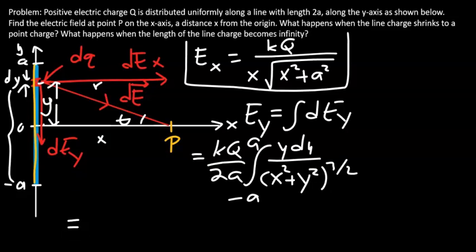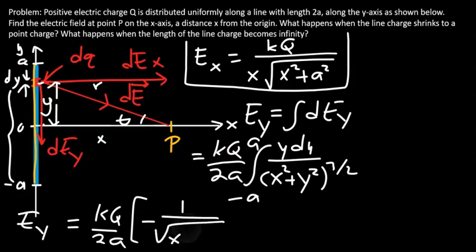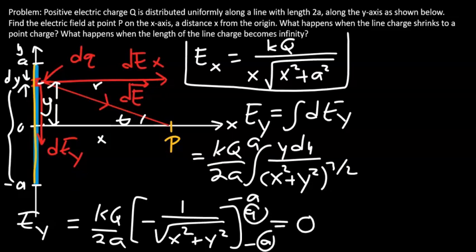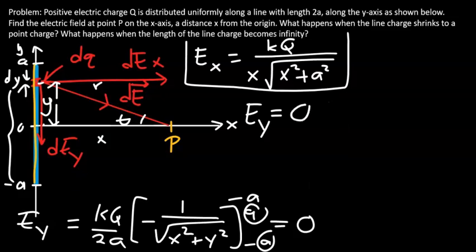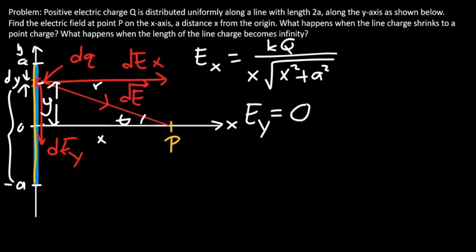Again, from the standard table, that integral works out to be minus 1 over the square root of x squared plus y squared, substituting the limits minus a to a. Once you have substituted the lower and upper limits, this will give you identically 0. So there is no y component to the electric field. There we have it. The full electric field in vector language is given by just that. This is the unit vector along the x-axis.